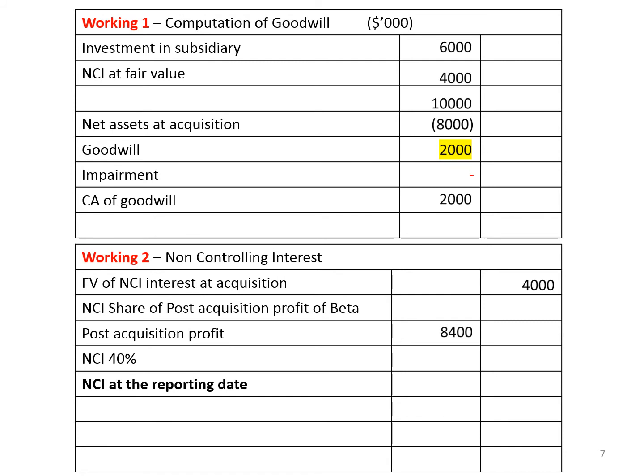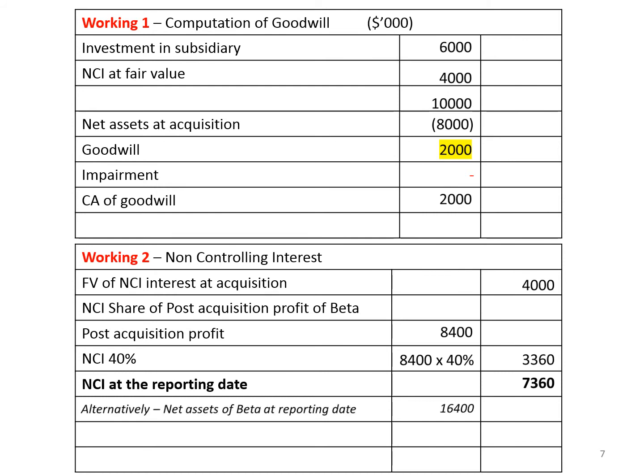We identified in the previous slide Beta's post-acquisition profit 8,400. From this we should give NCI percentage 40%. Accordingly it is 3,360. So non-controlling interest as of the reporting date is accordingly 7,360.